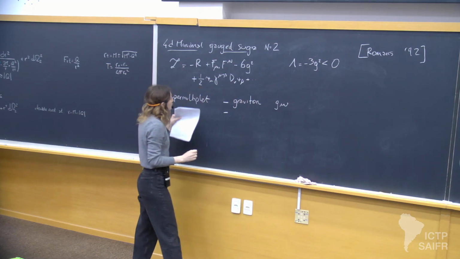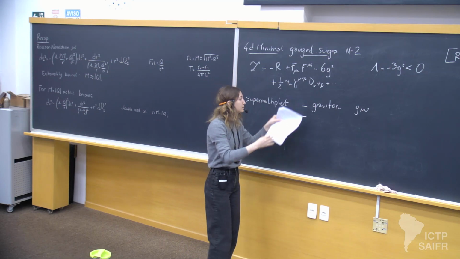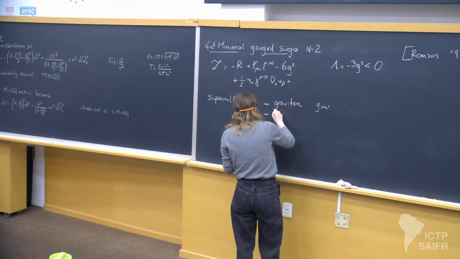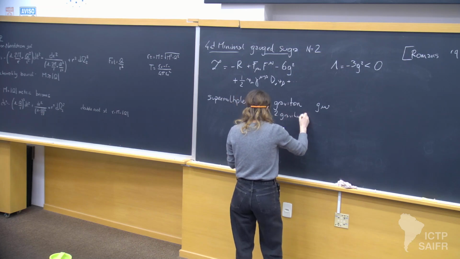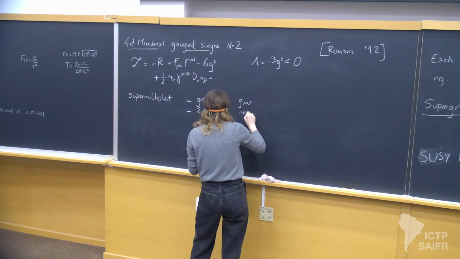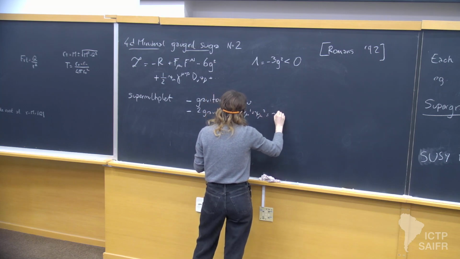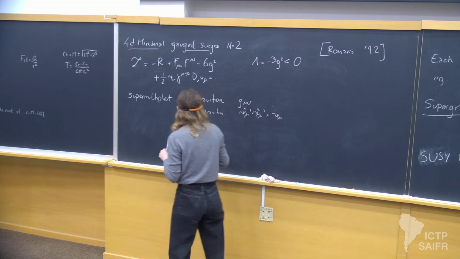Then, in the same supermultiplet, you act with a supercharge. In this case I did it in reverse order, but basically you have 2 gravitini, which we assemble into a complex one. So the 2 gravitini that I put here, we assemble into just one.